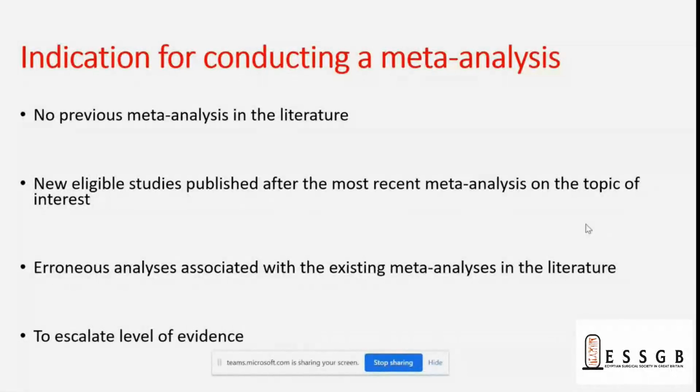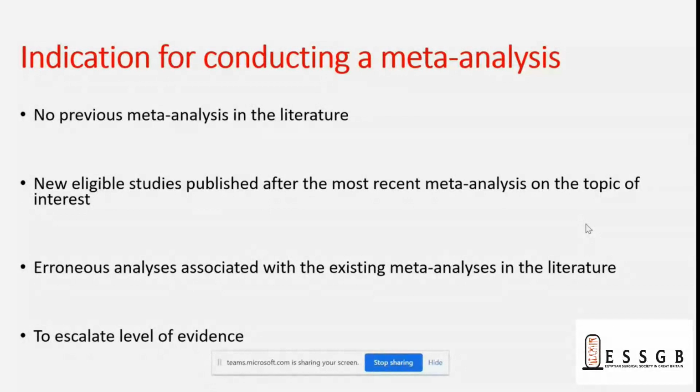He or she may be aware of the contraindications for a meta-analysis, but they don't necessarily know that the current literature is not orientated towards that. Number 1 is the most obvious one: there is no meta-analysis on a specific topic. If there is no meta-analysis on the topic you have selected, and there are comparative studies on it, you can proceed with the meta-analysis.